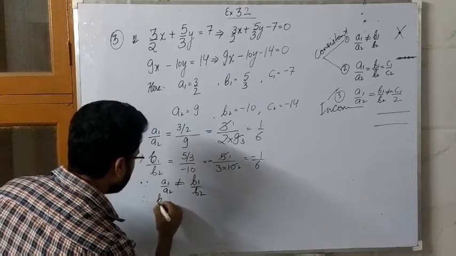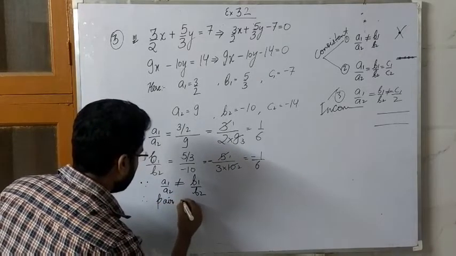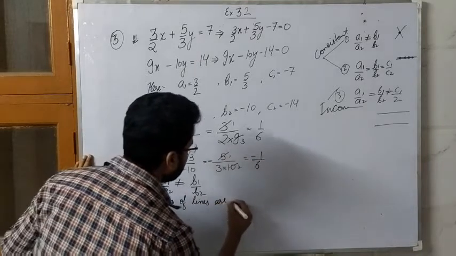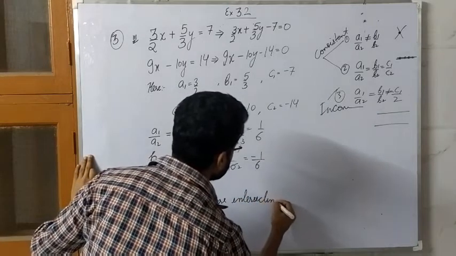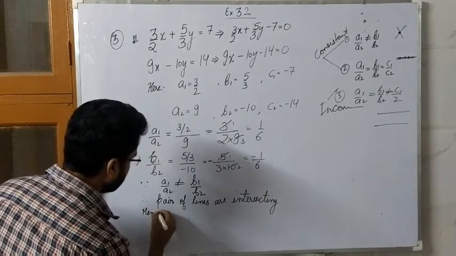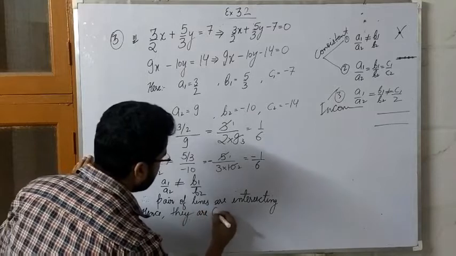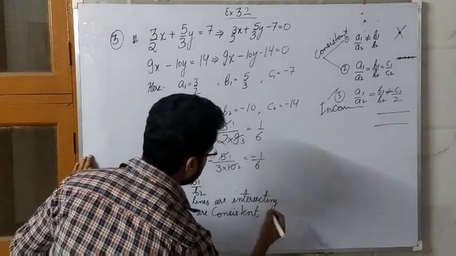Therefore in equations, the pair of lines are intersecting, and hence they are consistent, right?